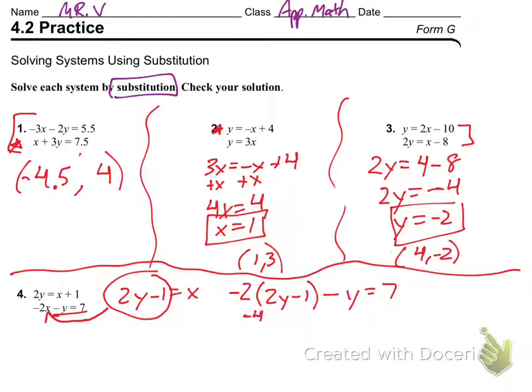So it'll be negative 4y plus 2 minus y is equal to 7. Combine like terms, I'll get negative 5y plus 2 is equal to 7. And then I get negative 5y is equal to 5, so y is equal to negative 1.